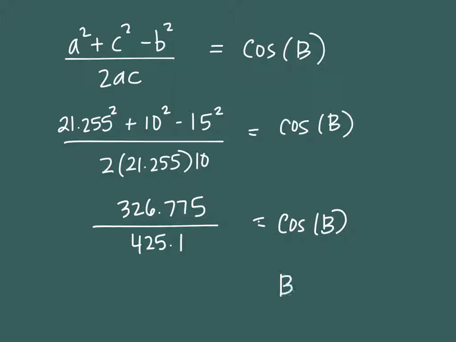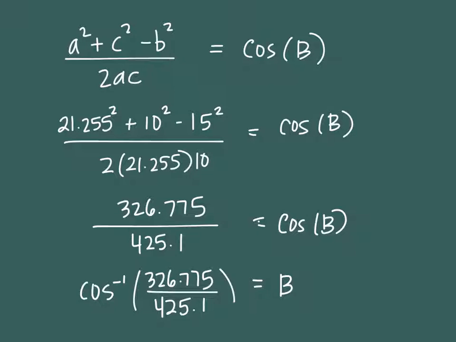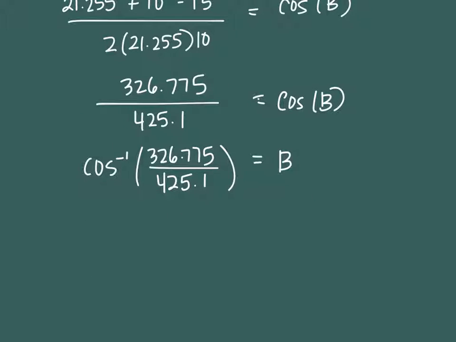And then you can apply the inverse cosine on both sides of that. So 326,775 over 425.1, and then you should have the value for B. I got 39.763.